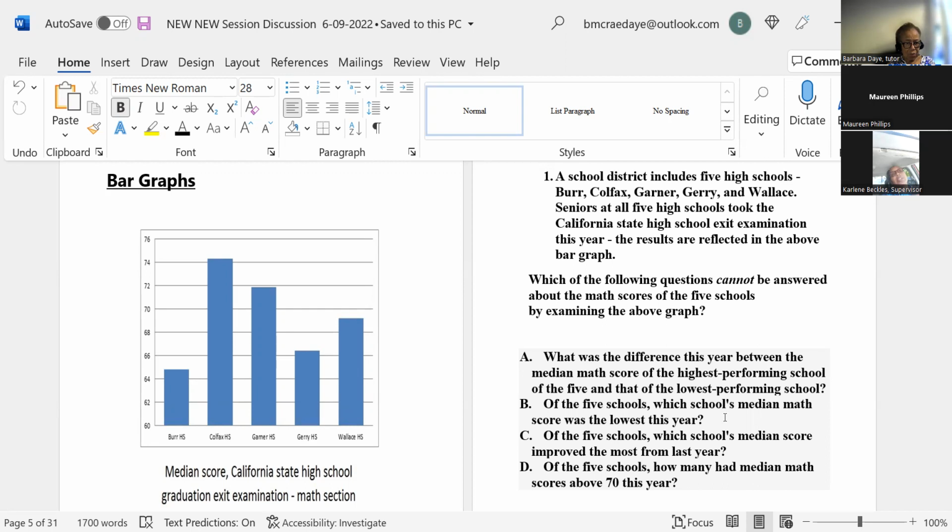There's the one between 74 and 76. No. Now, these school districts represent 5 high schools that took the exam this year. So this bar graph represents the scores for this year. Now, can you answer the question of the 5 schools, which school's median score improved the most from last year? Can you answer that question from that bar graph?